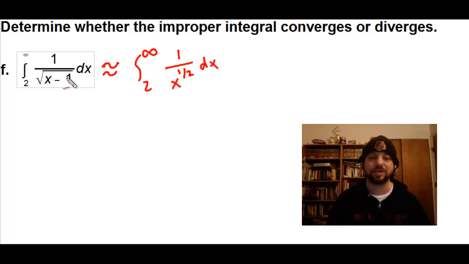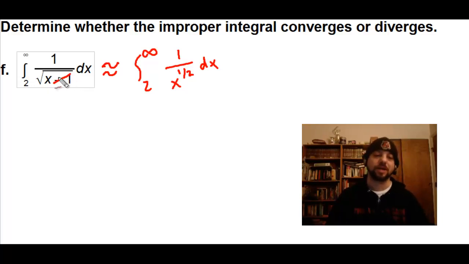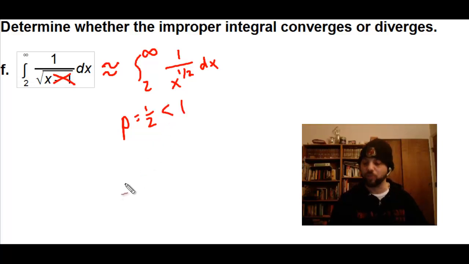So that minus 1, in the long run, as we go towards infinity, becomes essentially irrelevant, and we end up with this as our integral. Now, in this situation, we have p equals 1/2, 1/2 being less than or equal to 1, and so clearly, this integral is going to diverge.